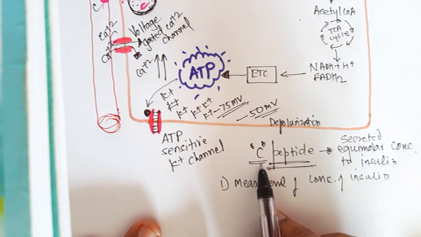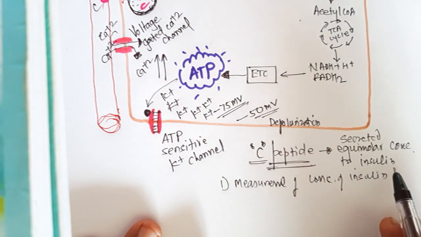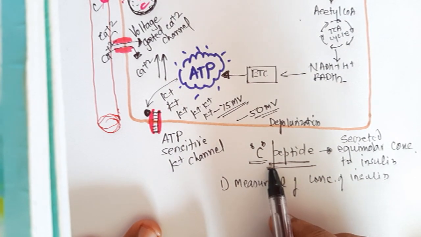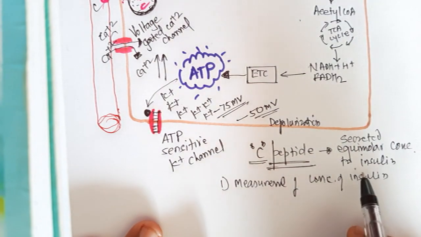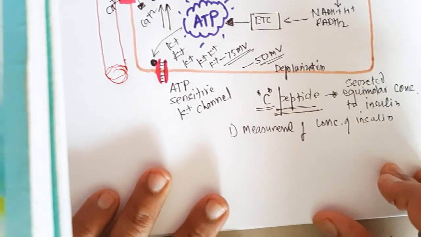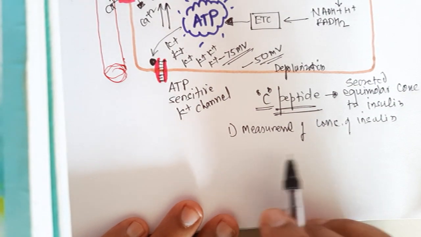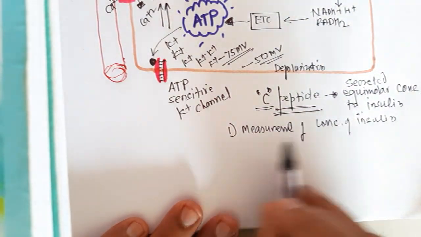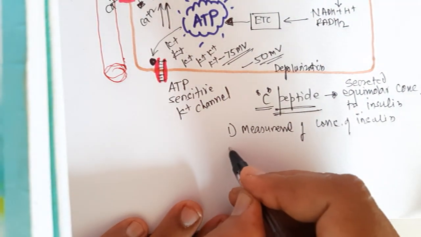So you measure C peptide, equal in quantity to that of insulin. Because the half life of insulin in the blood is about 5 to 6 minutes, and the half life of C peptide is about 30 minutes. So you can measure the insulin concentration accurately with the help of C peptide.